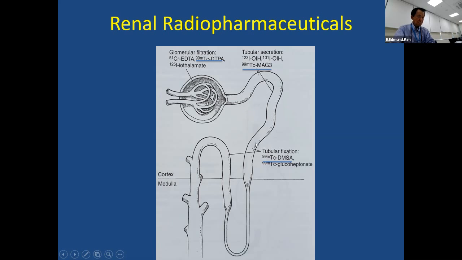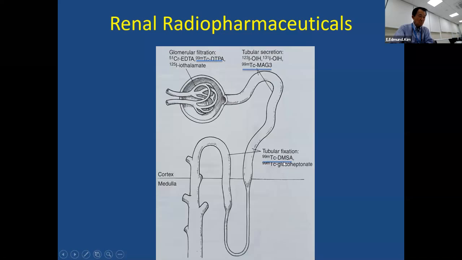Now, technetium dimercaptosuccinic acid, DMSA, or glucoheptonate. Glucoheptonate is no longer available commercially, but we still use DMSA, more for pediatric renal studies. This is also a glomerular agent, filtered by the glomerulus about 85 to 90%, in contrast to 95% for DTPA.